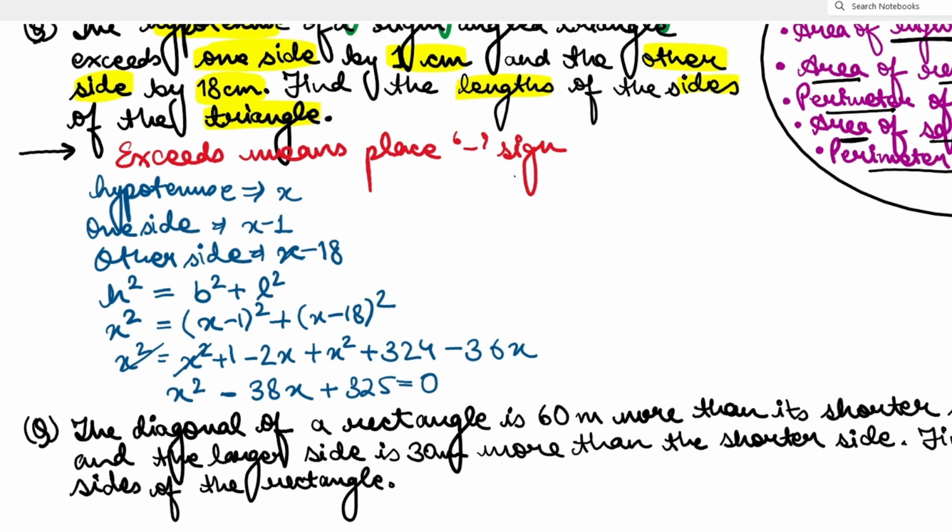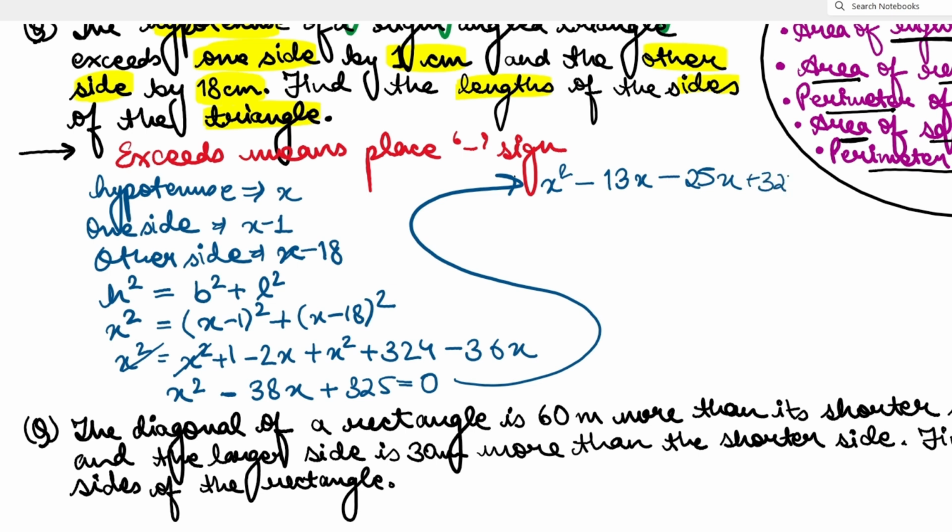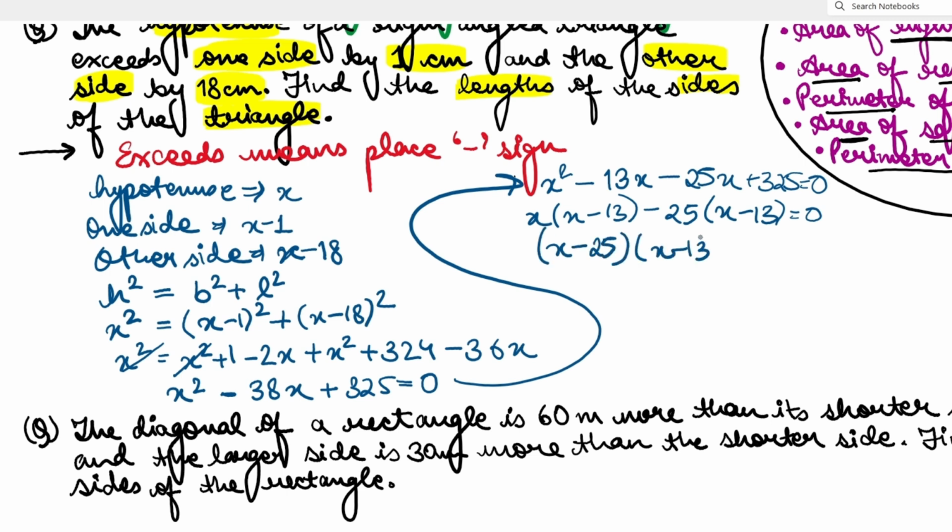Now doing middle term splitting, you get x square minus 13x minus 25x plus 325 is equal to 0. So you get x minus 13, x minus 25, into x minus 13 is equal to 0, so (x minus 25)(x minus 13) is equal to 0. X is equal to 25 and 13. So these are the possible lengths given.